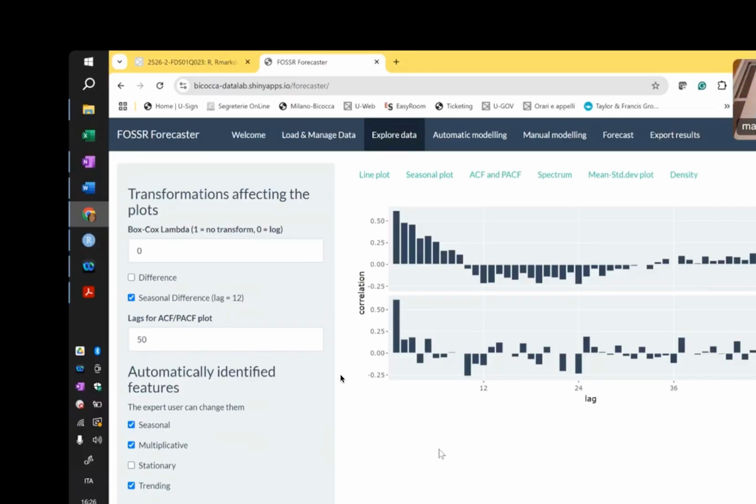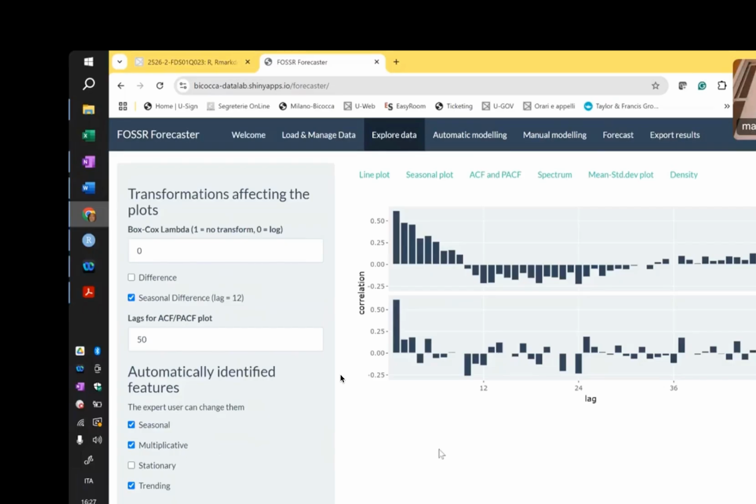I didn't put any bands here around because I could put the confidence interval for testing for that to be 0 or not, but I didn't do that because usually we don't look at the single autocorrelation if it's 0 or not. We look at the patterns, okay?